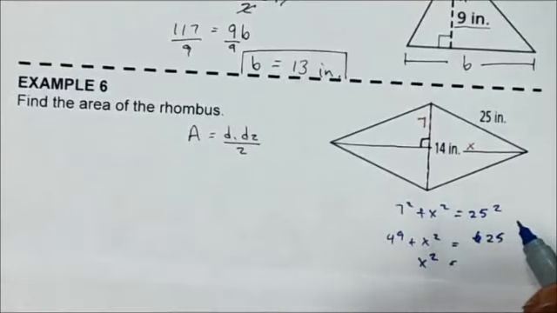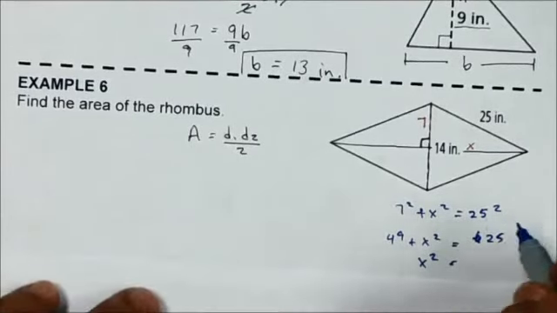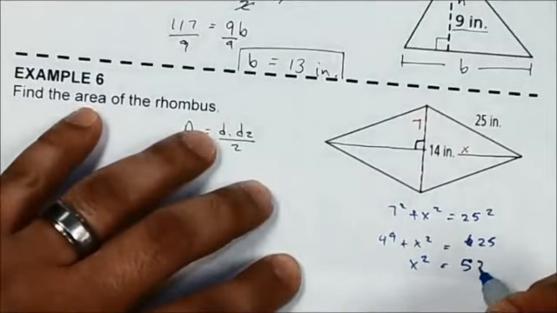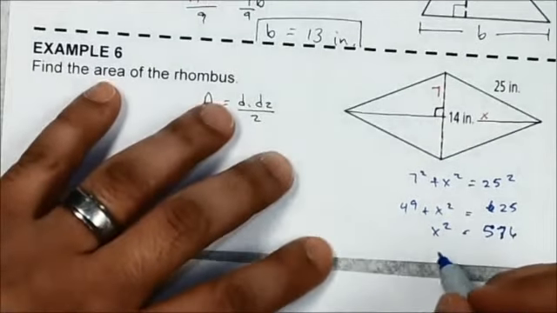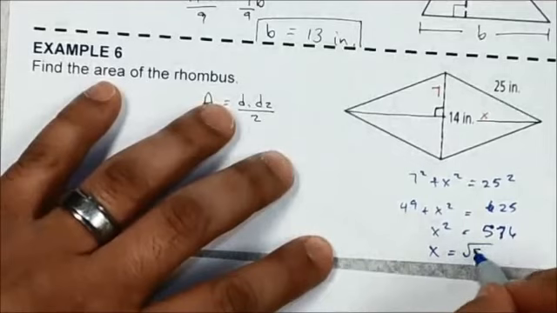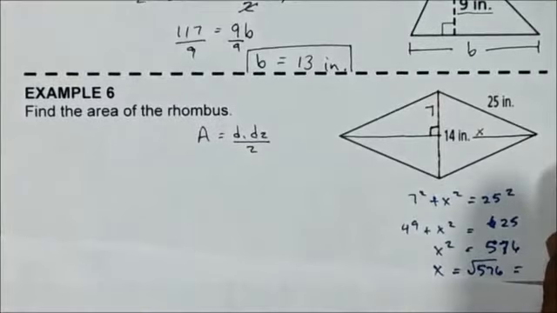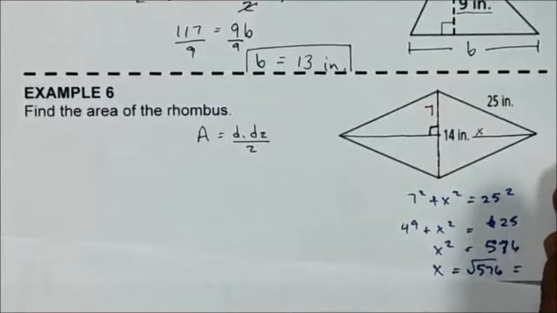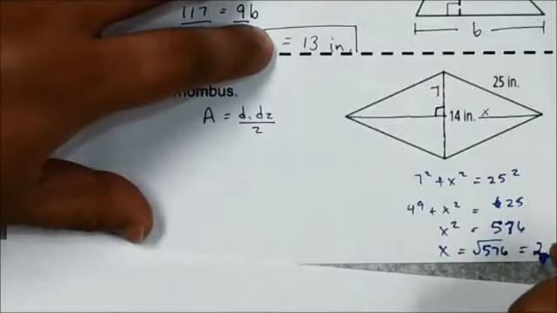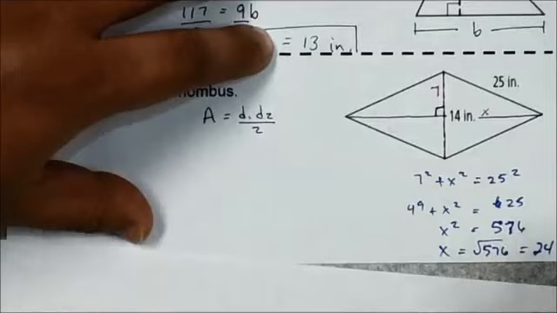If I subtract 49 from 625, we get 576. Then I have to take the square root of 576, which comes out to be 24. And that'll be inches.